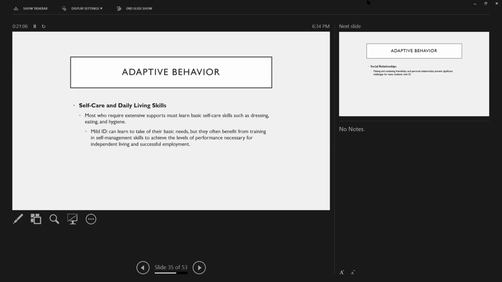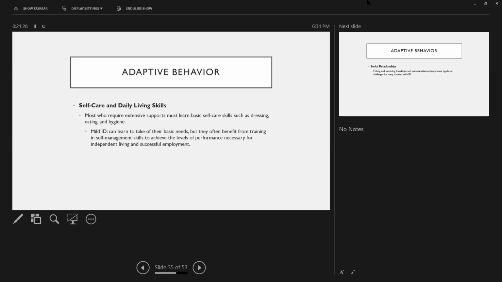Looking at self-care and daily living skills now. Most people who require extensive supports are going to be requiring support in basic self-care skills like dressing, eating, hygiene, maintenance of hygiene.